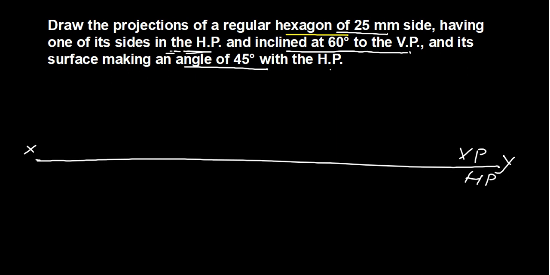Okay, now construct a hexagonal having sides of 25 mm. You can use the circle method or you can use the protractor to construct this hexagonal.